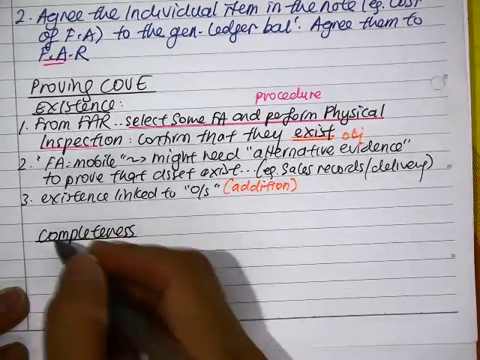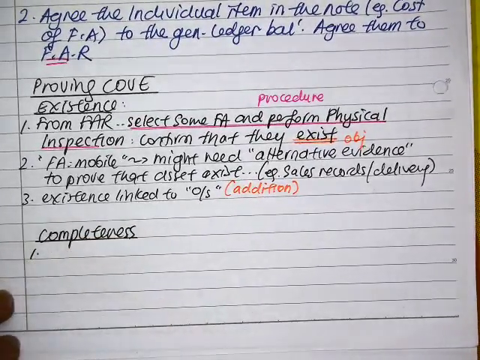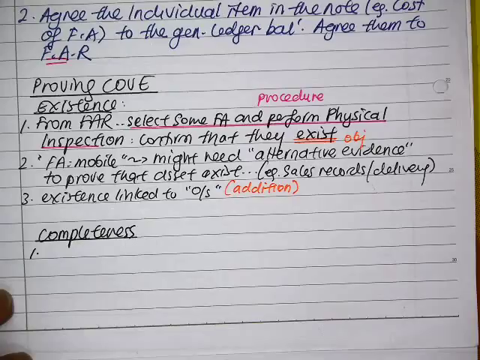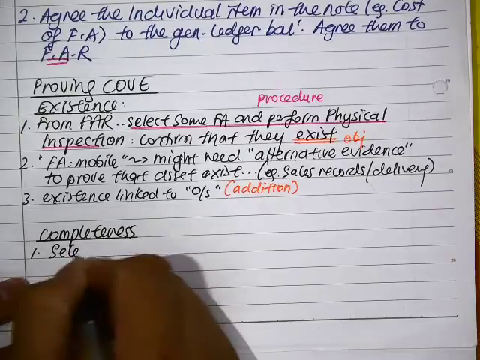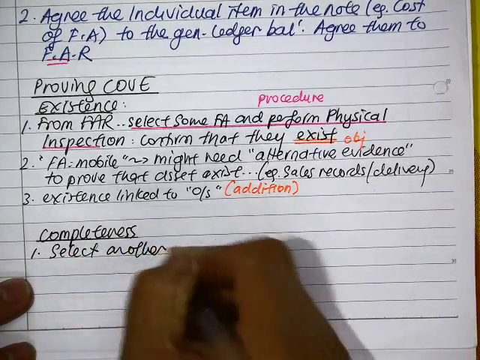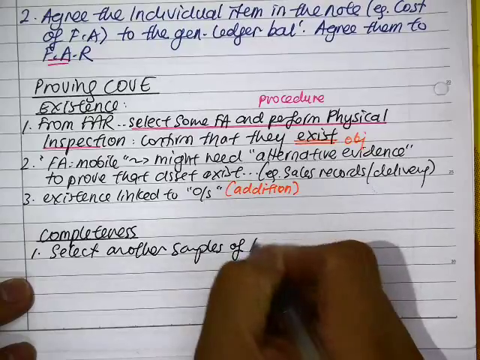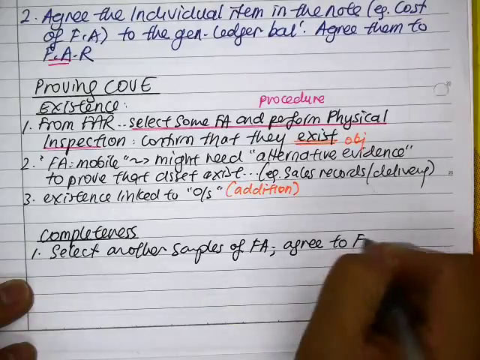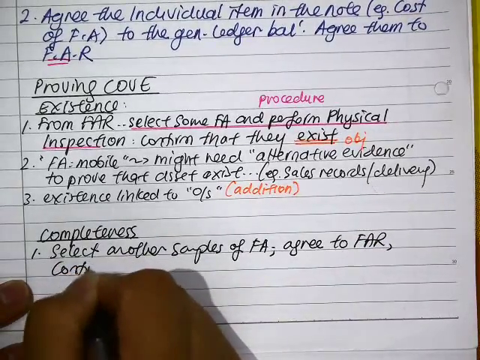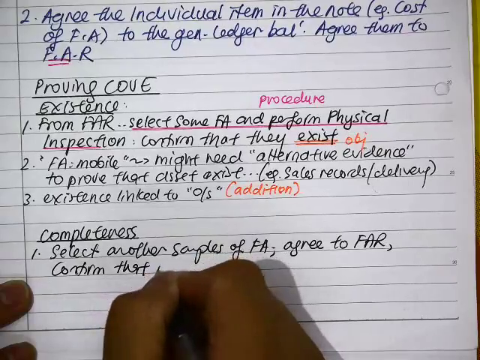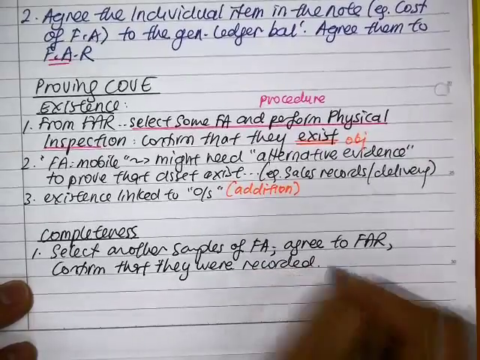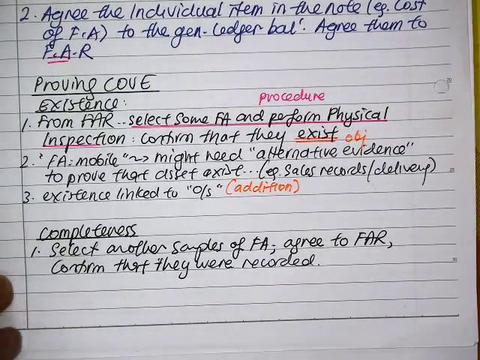So how do you use that for completeness? Now, what is completeness? Completeness is if something is yours that you believe it should be in the account, it must be in the account. So if these are the machines that belong to you, then it must be in the account, right? So we just select another sample of your fixed asset, agree to the fixed asset register, confirm that they were recorded in the register.